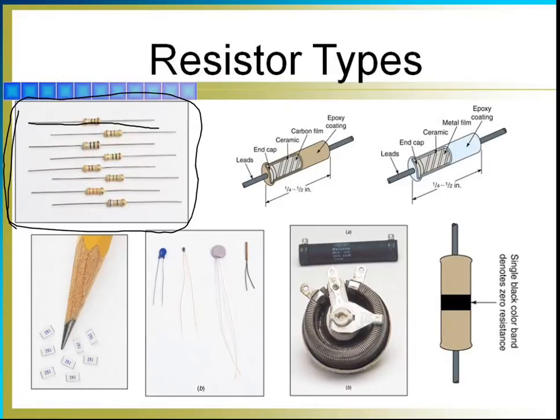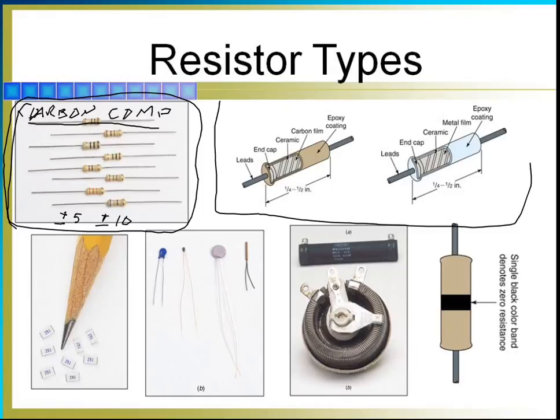And this is a carbon composition type resistor, or carbon comp. It's the least expensive resistor. Generally has got a greater tolerance. That means it's not quite as accurate. So you're going to either have plus or minus 5 or plus or minus 10% tolerances on these type of resistors. So they will get you in the general area of where you want to be.